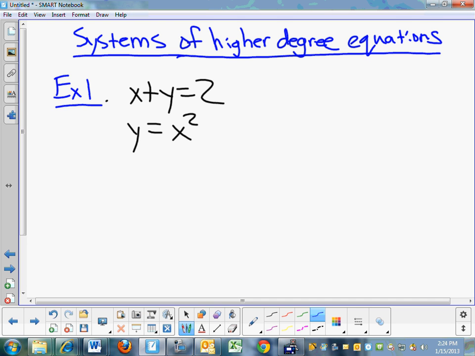So let's say that we have a line and we have a parabola. How do we handle that type of situation? When we get to second semester, we're going to start out by looking at conic sections. Conic sections include circles, parabolas, ellipses, hyperbolas, all sorts of pieces. And that's normally where they put this section.